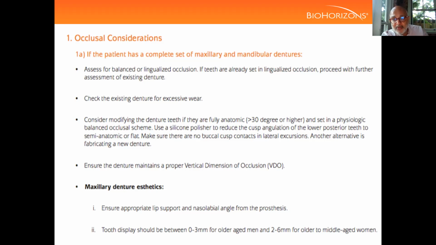Whereas if you have somebody with a full set of teeth that don't need removing or anything else, you have a few options. If you find that there's mild discrepancies, you can use equilibration. So you can adjust the enamel and take gentle bits off so that centric relation coincides with ICP.